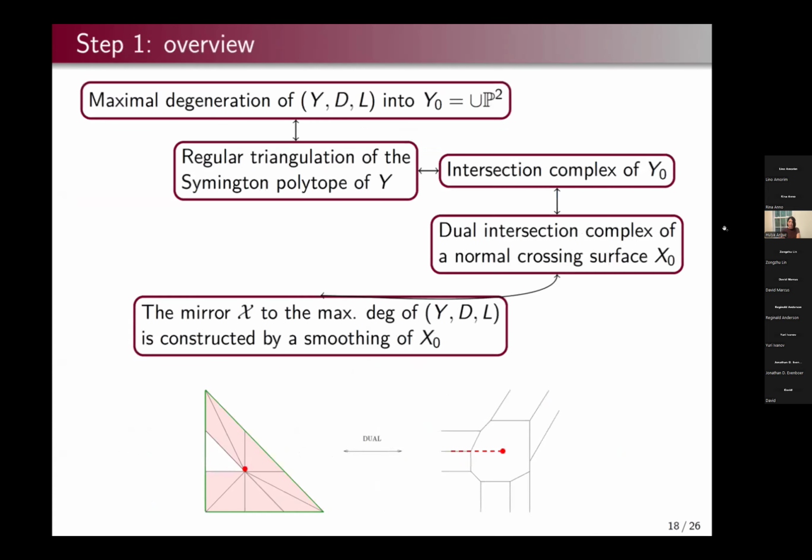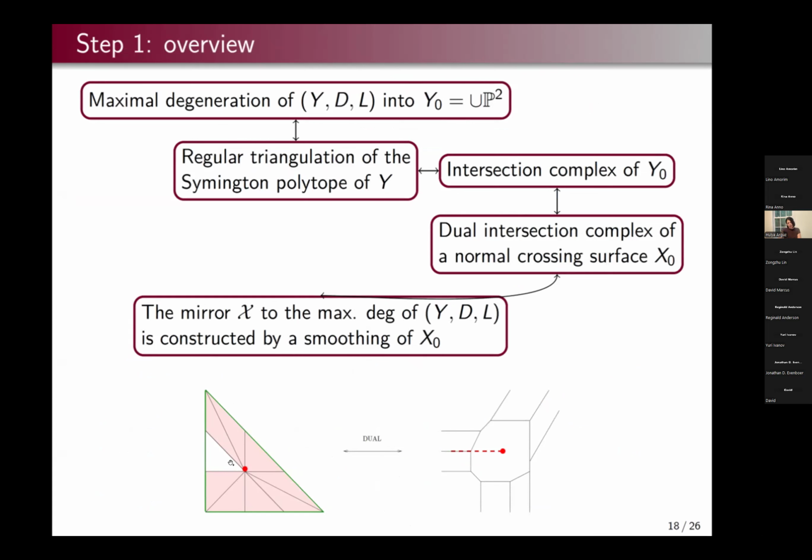To do that, this is an overview of the mirror construction. We start with the maximal degeneration of a log Calabi-Yau surface. This is a degeneration where you degenerate as much as possible so that the central fiber will eventually be a union of P2s. And then there's an associated Symington polytope, like here I drew, to such a log Calabi-Yau surface.